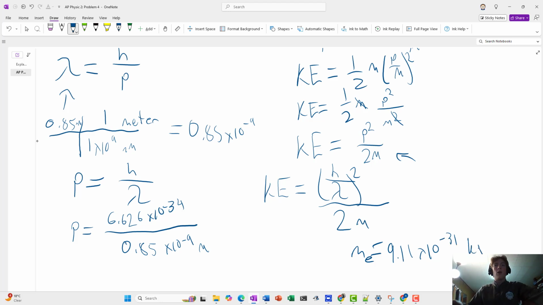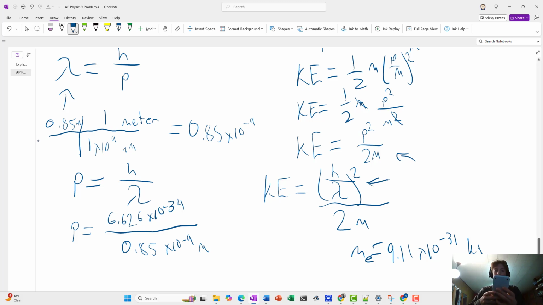So we can plug that all into our calculator at once, and we can do 6.626 times 10 to the negative 34. Then we divide this by our lambda, which is 0.85 times 10 to the negative 9 meters. And then we square that value, because that is the value for p squared.